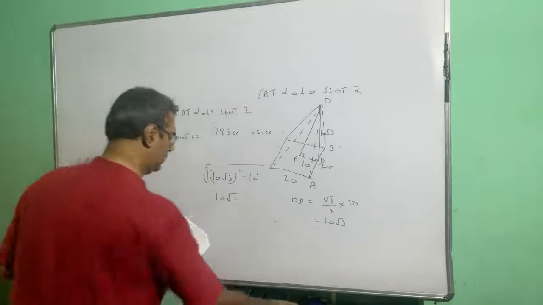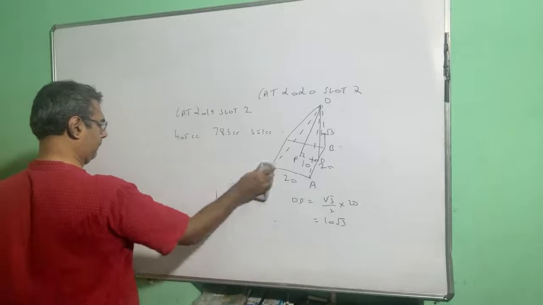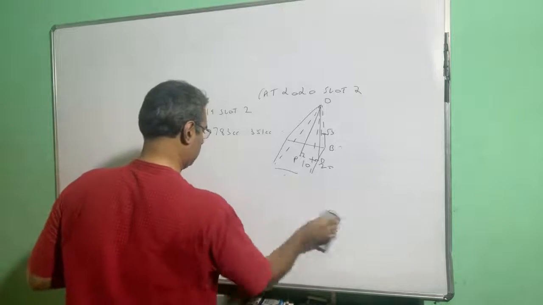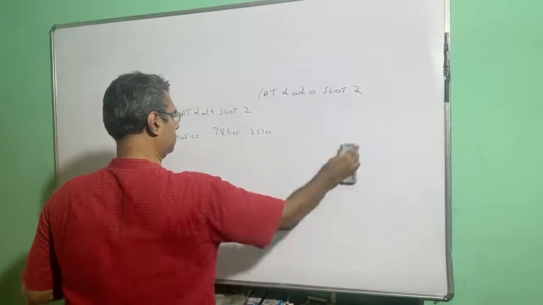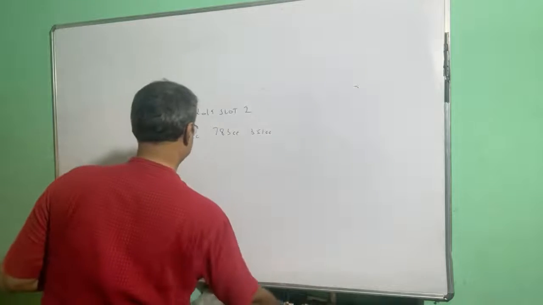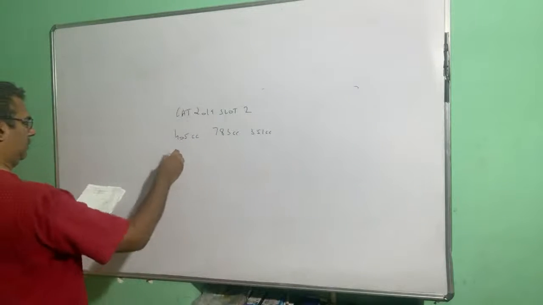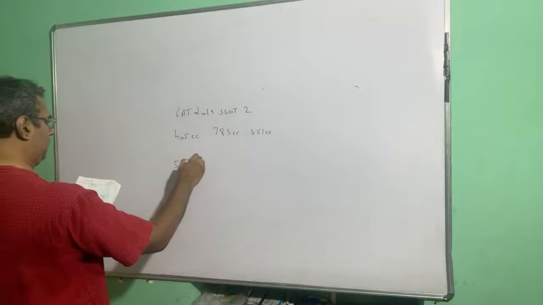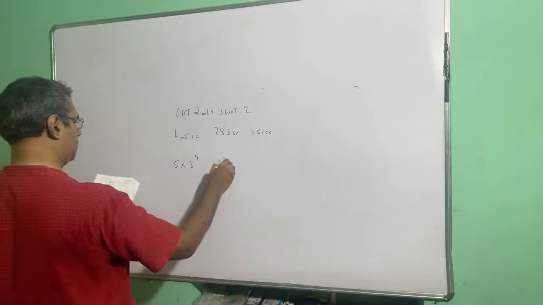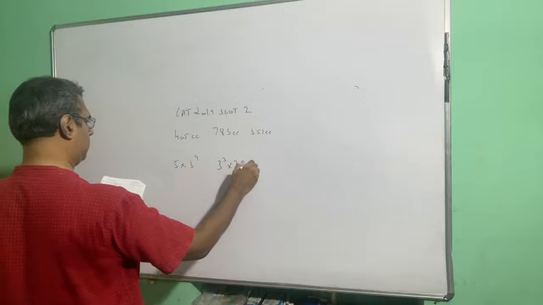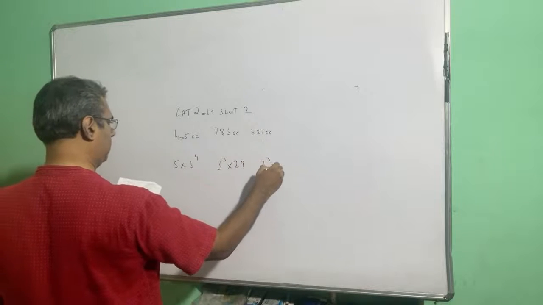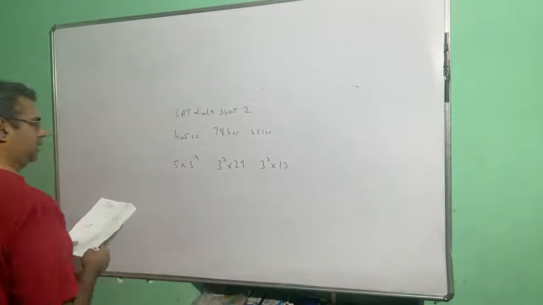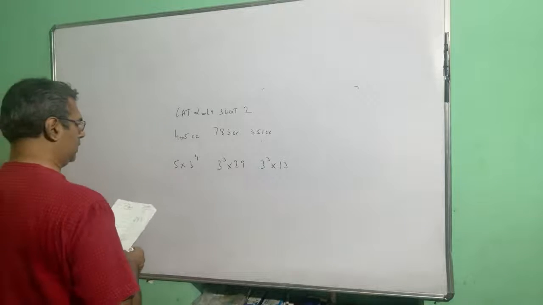Let's have a look at this. 405 cc, I can write it as 5 into 3 to the power 4. 783, I can write it as 3 cube into 29. And 351, I can write as 3 cube into 13.